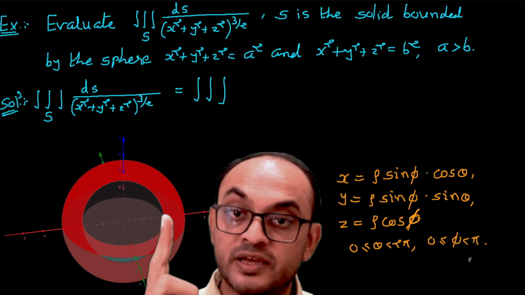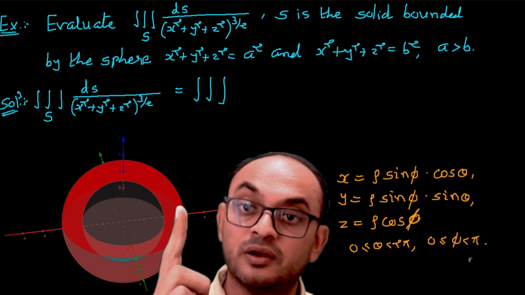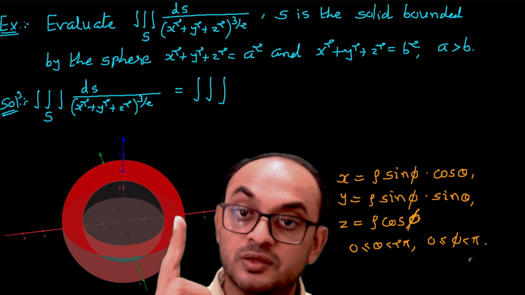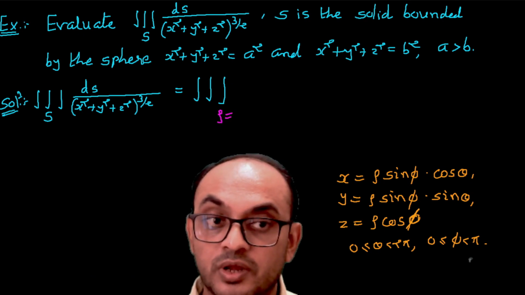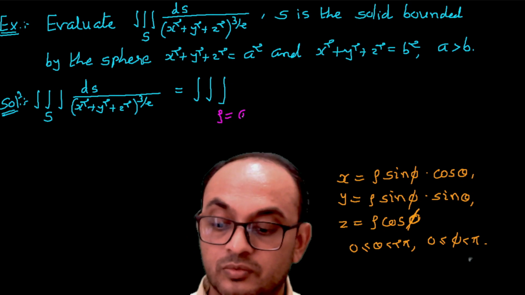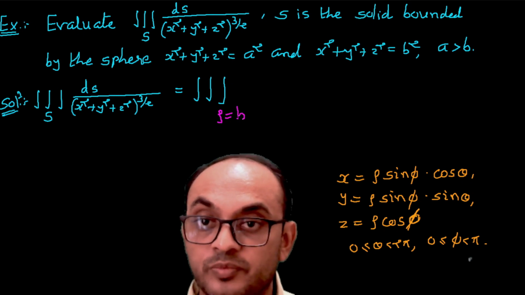So my radius will start from b and go up to a. How do I write the limits now? My radius rho starts from b and ends at a.